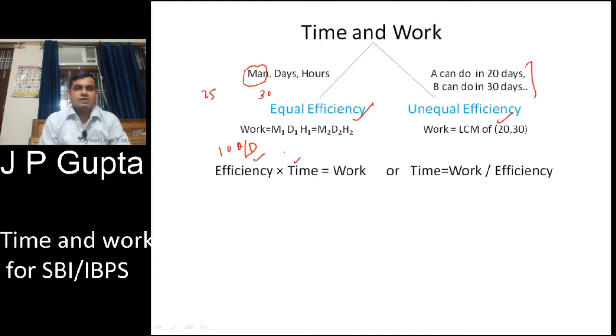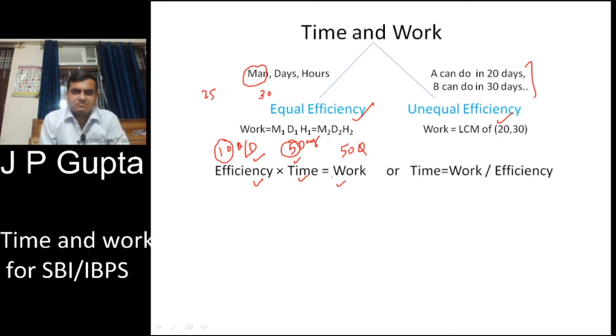And let's say to complete a project you take 5 days. Now we can easily comprehend: 10 questions per day and we complete our project in 5 days. If we multiply these two, we have 50, meaning the project is of 50 questions. So there is a relationship between efficiency, time and work, and whenever any two are given, we can find the third.